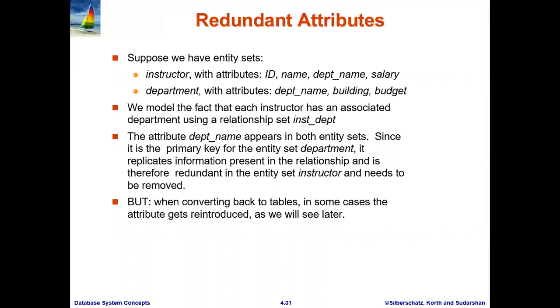So we are assuming we have an entity set instructor with attributes ID, name, department_name, and salary. Now we have one more entity set, that is department, with attributes department_name, building, and budget.